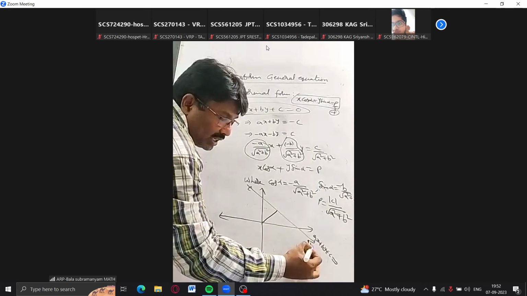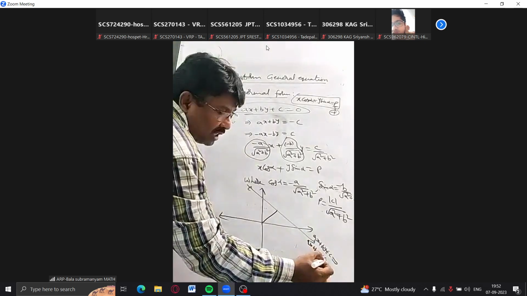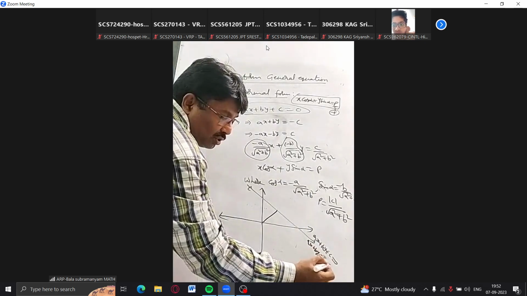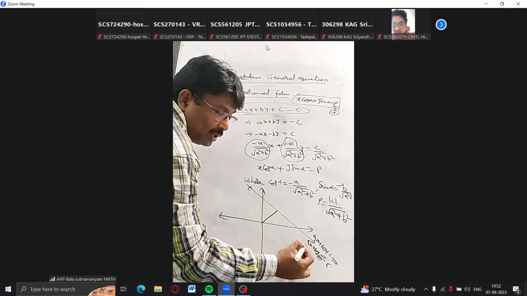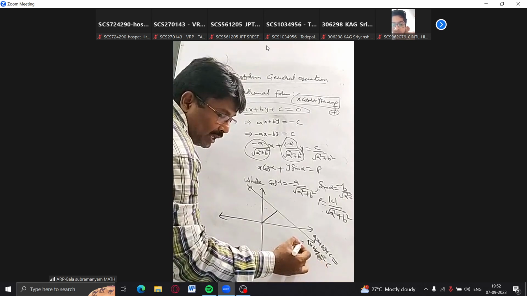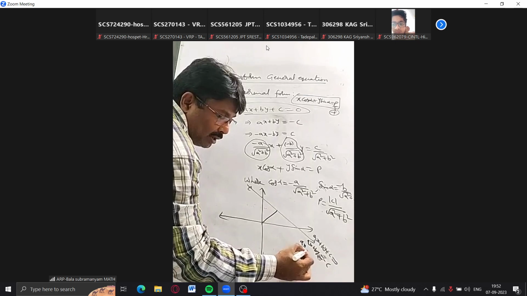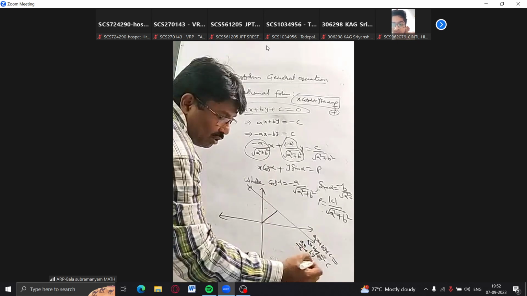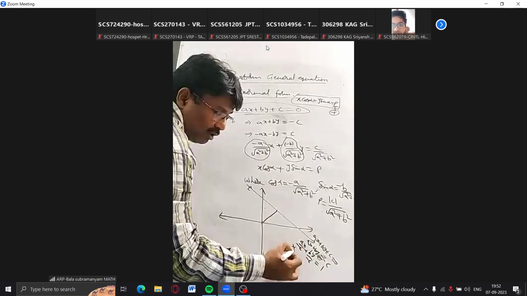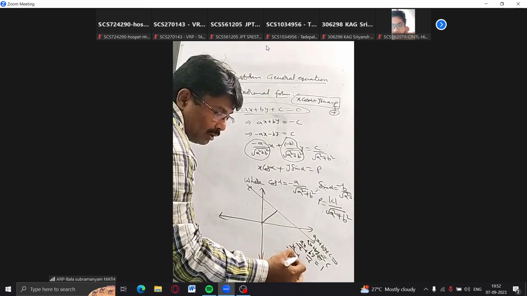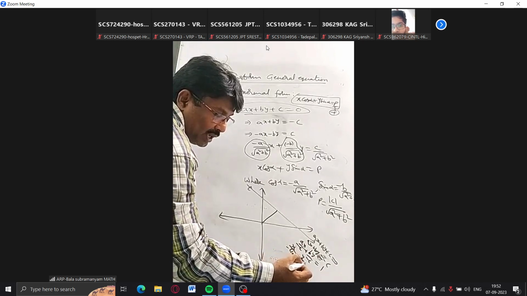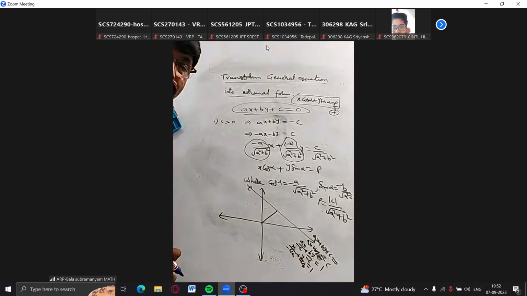So ax plus by is equal to minus c. Divide with minus c: ax by minus c plus by by minus c is equal to 1. Now x by minus c by a plus y by minus c by b is equal to 1.